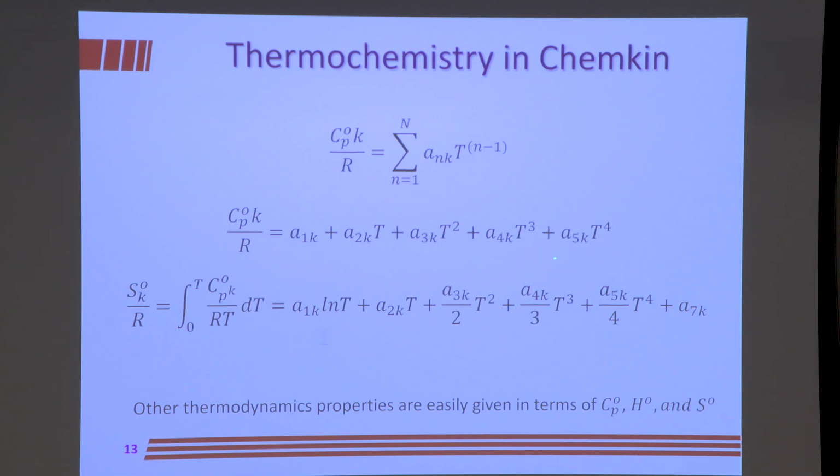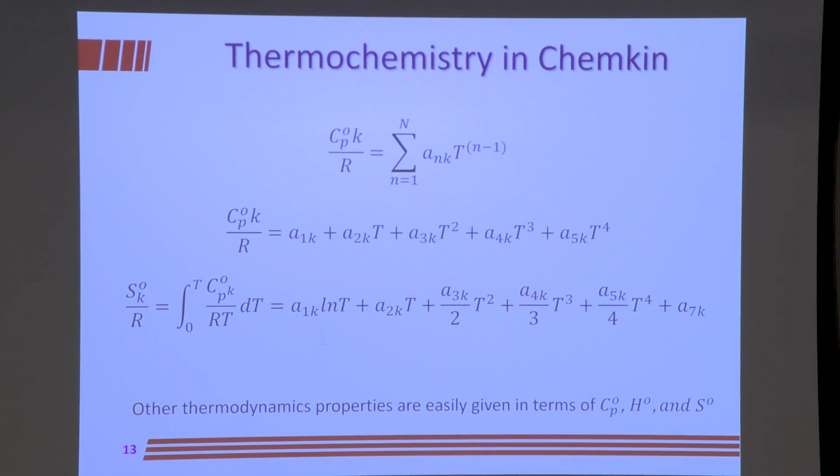So we have A5 times T to the 4 over 4, plus another constant, which is A7. Okay? So actually, as we see now, for Cp, we need 5 numbers. For enthalpy, we need a 6th, and for entropy, we need a 7th. So we actually need 7 numbers to accurately calculate Cp, enthalpy, and entropy as a function of temperature.